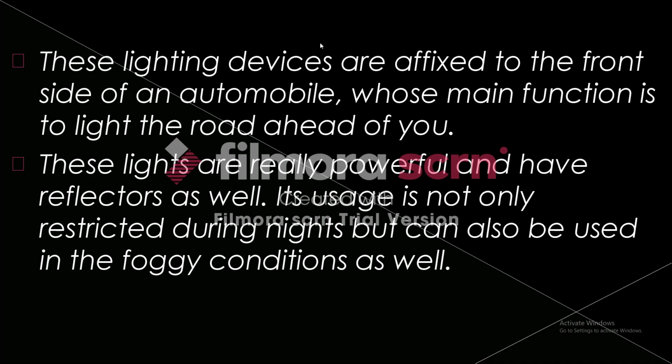These lighting devices are affixed to the front side of the automobile, whose main function is to light the road ahead of you. These lights are really powerful and have a reflector as well. Its use is not only restricted to night but can also be used in foggy conditions.